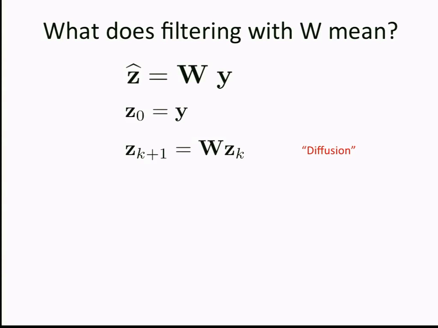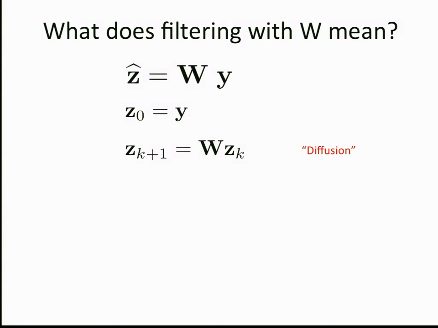Applying the filter one time would be the first iteration of this filter, right? And applying it multiple times, it turns out, is precisely what is known in the literature as diffusion. If you've read the many, many papers that are written about anisotropic diffusion and so on, they're nothing but this kind of operation with a particular kernel, of the sort that I talked about earlier.